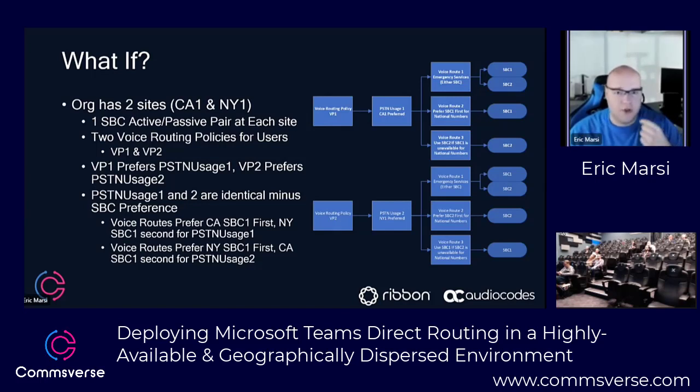However, if we're dialing our US numbers, we're going to want you to go through SBC 1 first if you are in California, and if you're in New York, we're going to have you go through SBC 2 first. And so by statically defining those, we're still able to have that redundancy that you would get with geo-redundant routing. But we're going to prefer what we have locally first before we try to go outside of our local geographic area in the country.